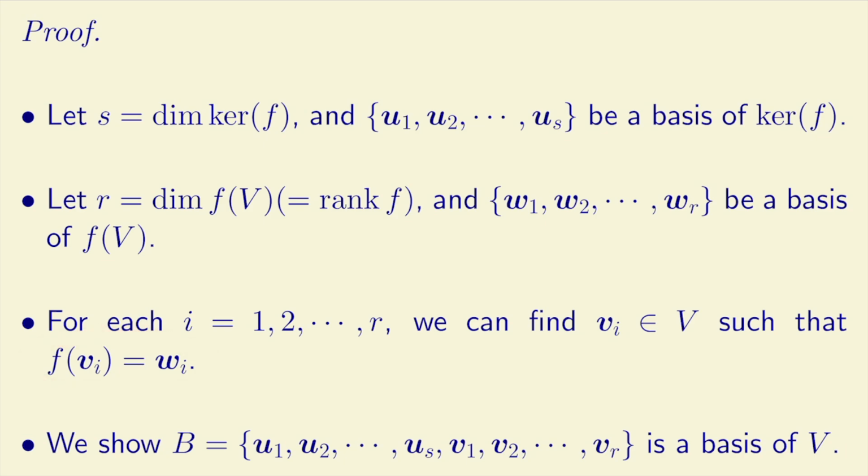The goal is to show that the combined set B equals u1, ..., uS, v1, ..., vR is a basis for V. And a basis has to be linearly independent and span the space. Let's see how they prove that.